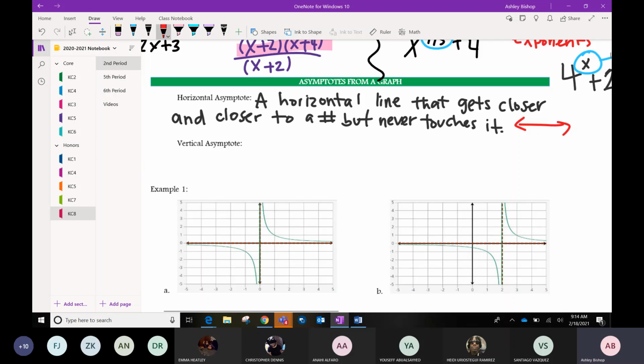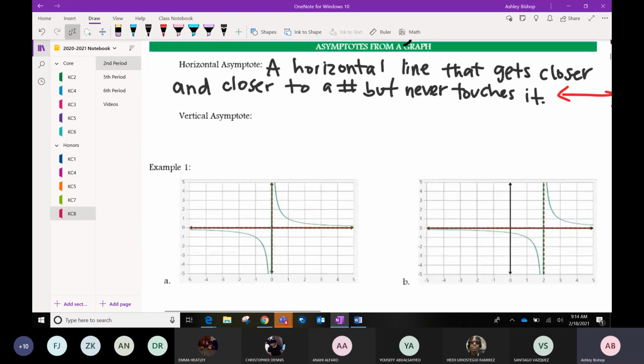All right, and then a vertical asymptote is going to be exactly the same thing, but it's going to be a vertical line that gets closer and closer to a number but never touches it. So let's write that down. A vertical line, it's the same definition, but switch horizontal for vertical.